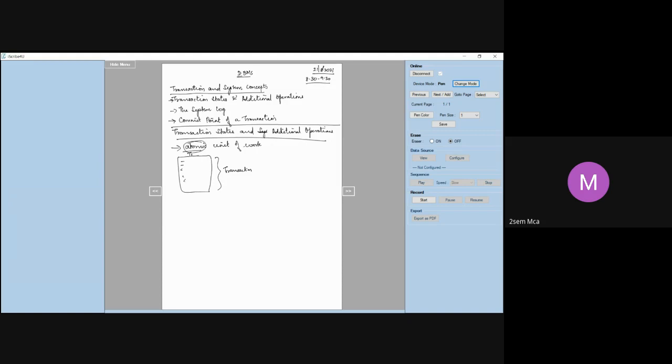A transaction is such that either you do all the operations, or you don't do any of them. That is how you define a transaction. It is either completed in its entirety, meaning you execute the transaction in full, or you don't do any of the steps. I gave you an example in the last class: you first debit some amount and then you have to credit.